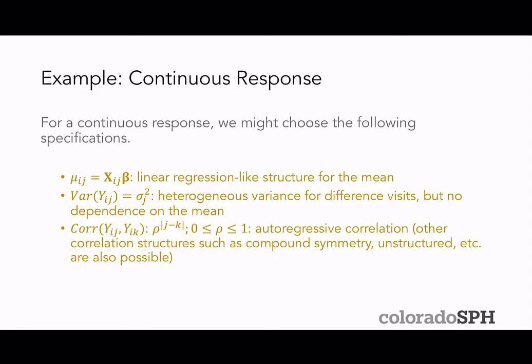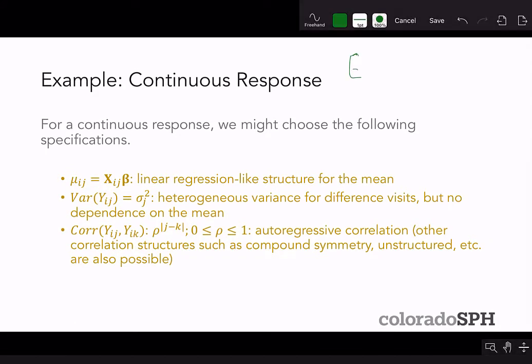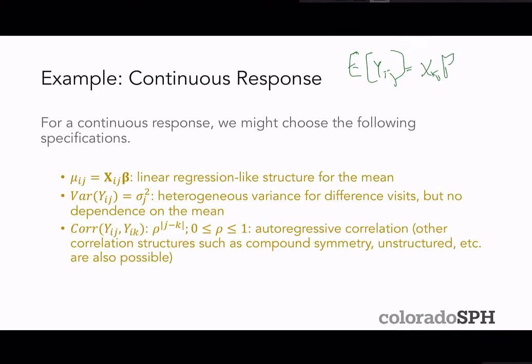let's talk about the continuous response. So for the continuous response, or normal data, our model would look like expectation of Yij equals Xij beta. You don't have a link function. The link function is the identity link.